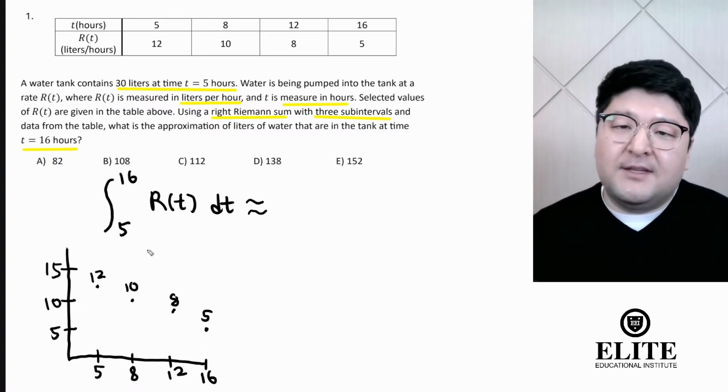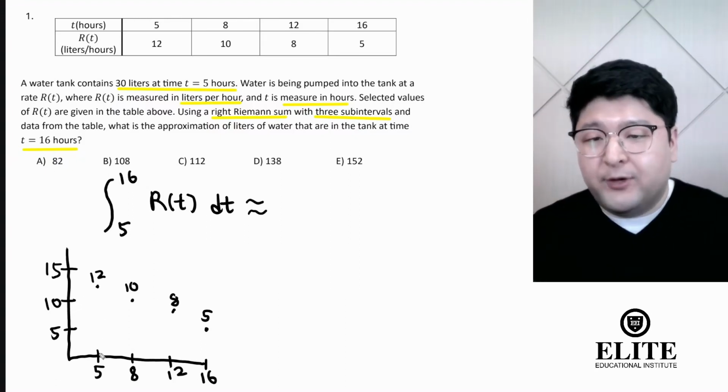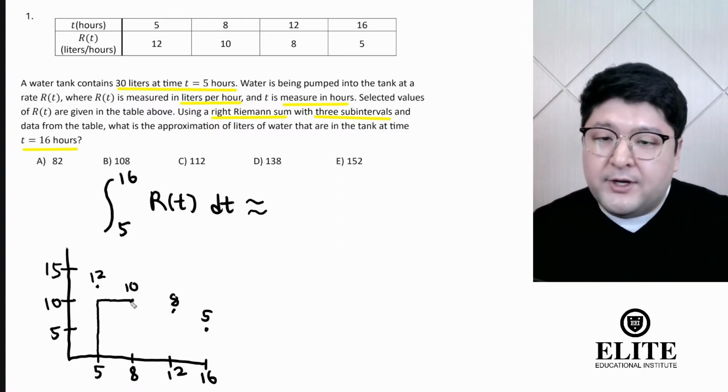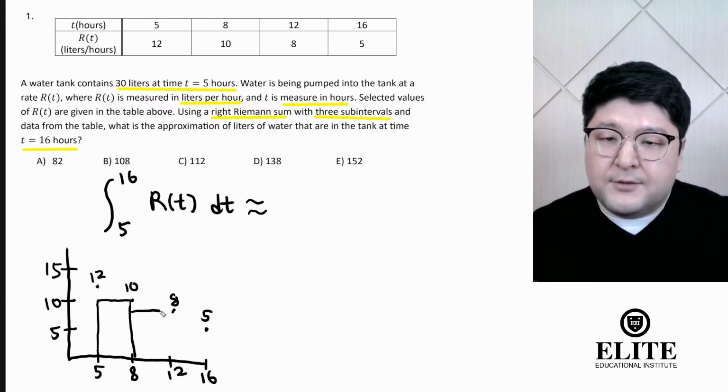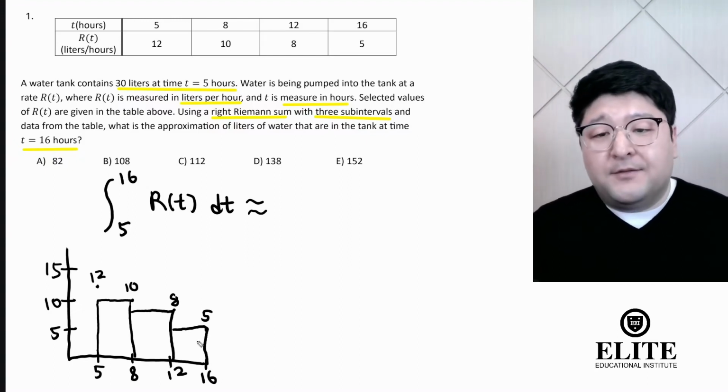Now, what does it mean that we have to use a right Riemann sum? That means the upper right corner of the rectangles will be touching the data points. So when I draw my first rectangle, I have to make sure the upper right corner is touching the data point. That's the first one, here's the second one, and here's the third one. In a Riemann sum, all we have to do is add the area of the 3 rectangles.